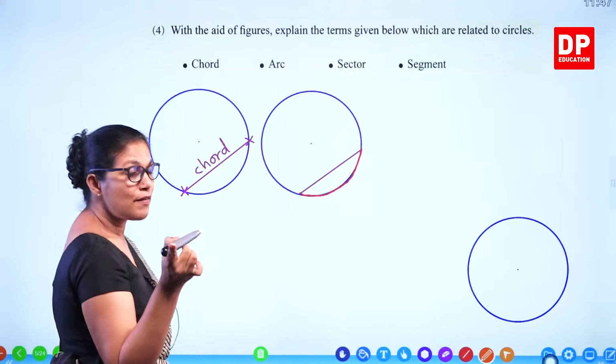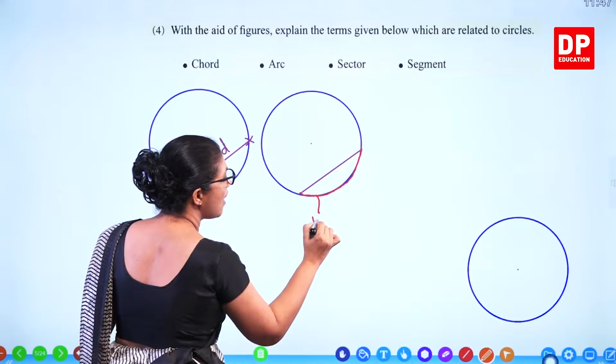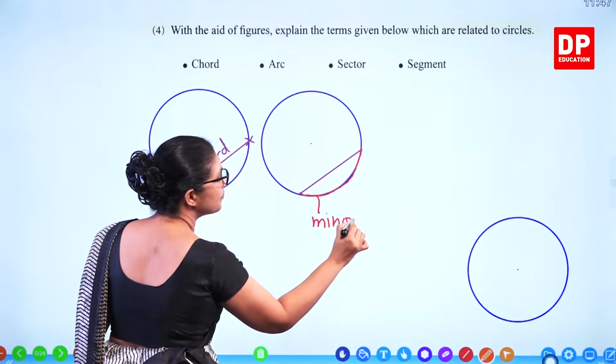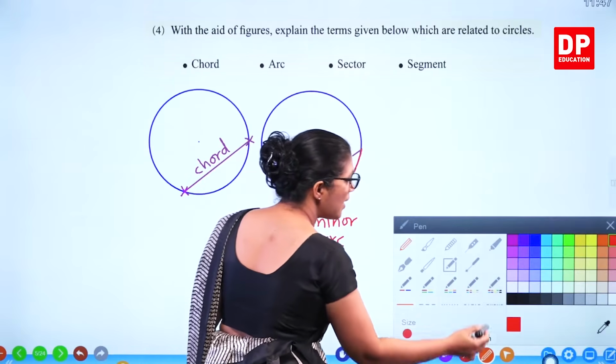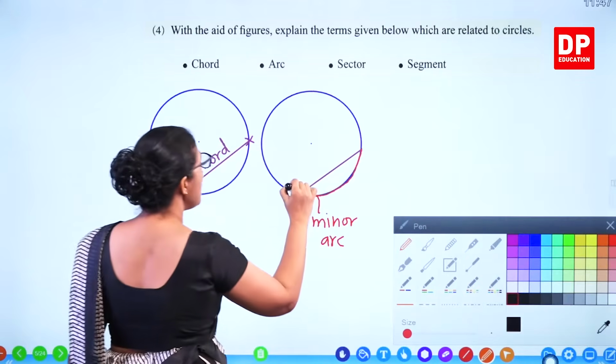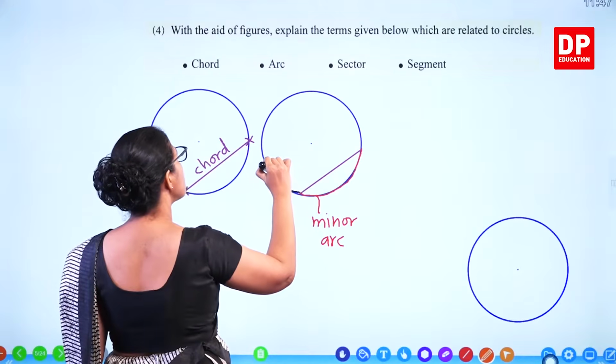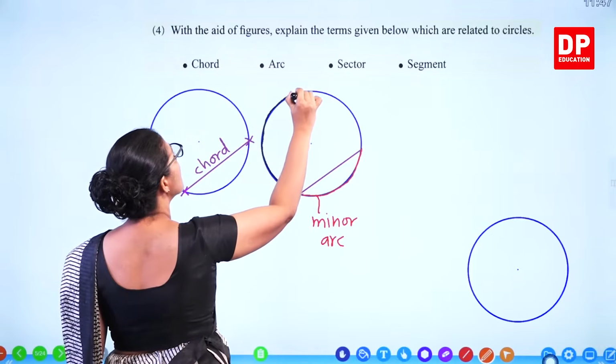The smaller one we say minor arc, and the bigger one we say major arc. So this part is a major arc.